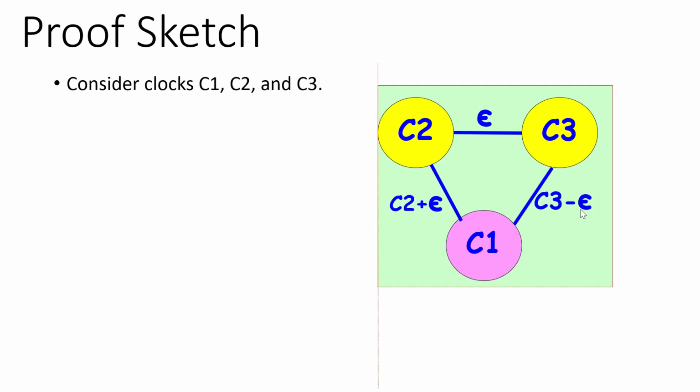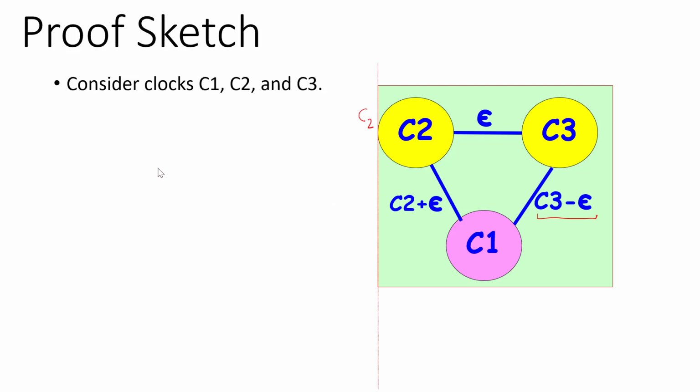So consider clocks C1, C2 and C3. We are looking at a proof sketch over here. Basically the internal time of C2 is C2. C1 tells it that its internal time is C2 plus epsilon. And there is an epsilon time difference between C2 and C3. And C1 tells C3 that its internal time is C3 minus epsilon.